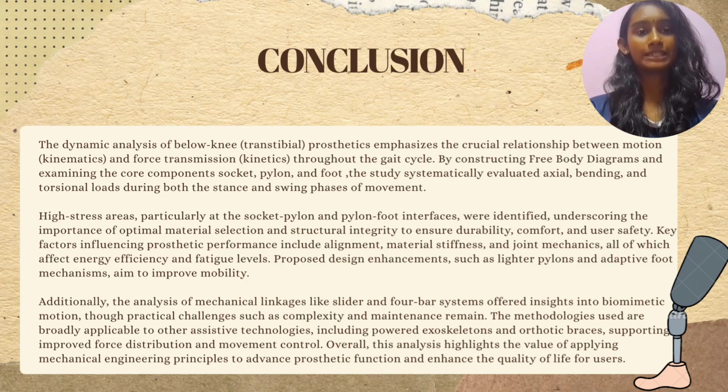Performance is influenced by alignment, material stiffness, and joint mechanics, all of which affect energy use and user fatigue. We explored improvements like lighter pylons and adaptive foot systems to enhance mobility, and also looked at mechanical linkages like four-bar and slider systems for more natural motion, though challenges remain.